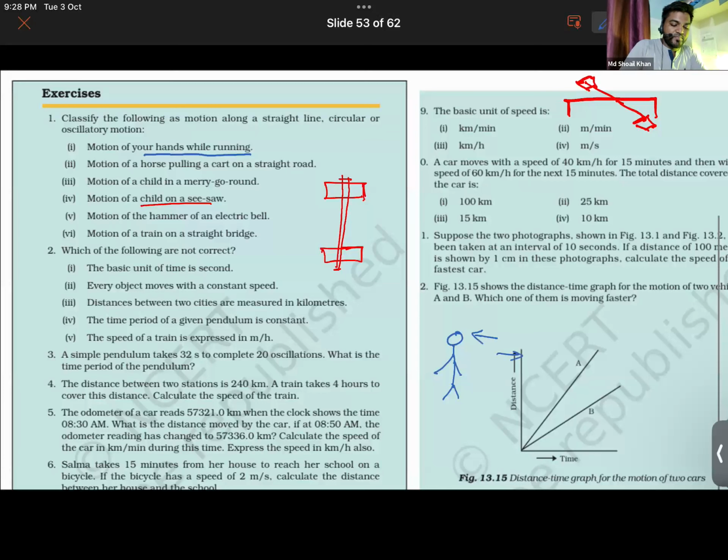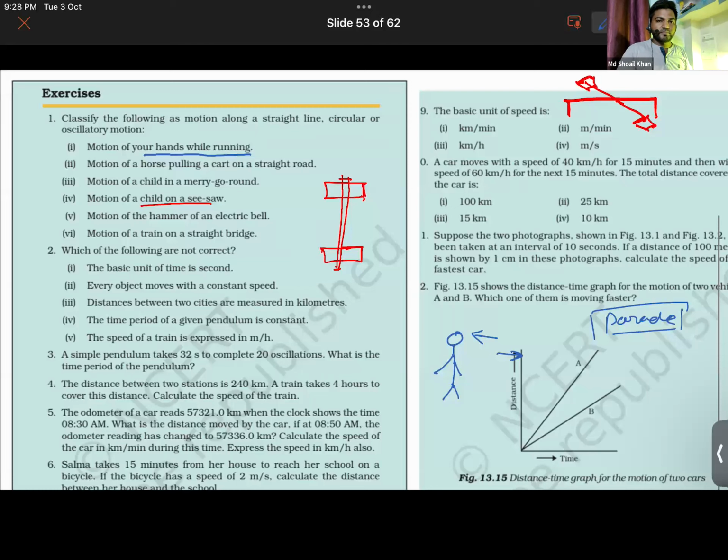When we march, or if you see a military parade, the soldiers move their hands in a to and fro motion, in a periodic way. It's a periodic type of motion, thereby an example of oscillatory motion. Getting it, Sundus?